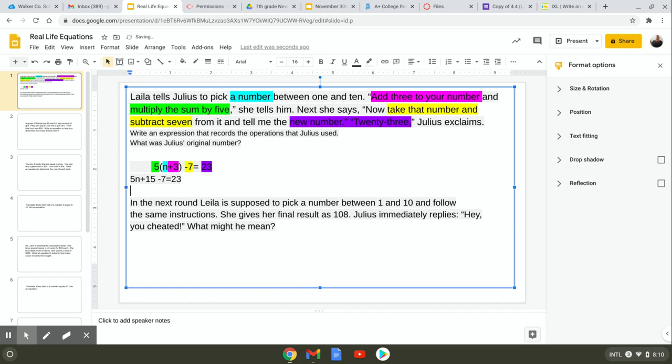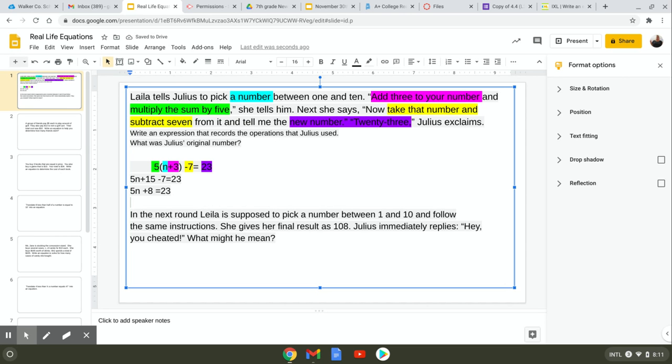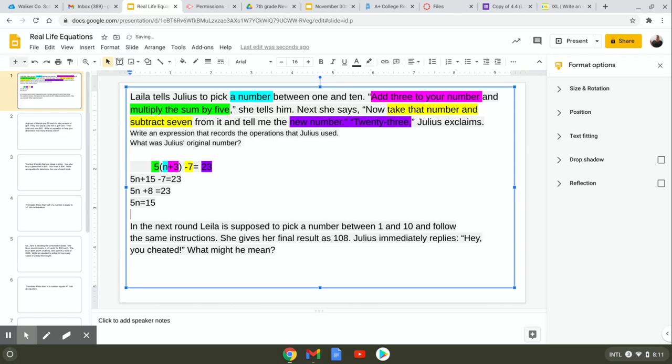Then we would combine our 15 and negative 7 because they're like terms, and that would leave us with 5n plus 8 is equal to 23. Then we would subtract 8 from both sides, and we would get 5n is equal to 15. Then we would divide both sides by 5, and we would get n is equal to 3. So Julius's original number was 3.